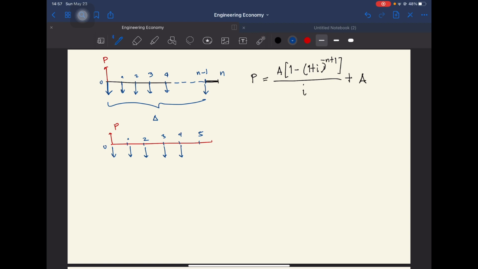Okay? Now, let's go dun sa future worth ng annuity due. Okay? Let's say 5 years ulit. Let's say N-1 na lang pala. Okay? This is year 0. This is year 1, 2, 3, 4. Then let's say dot na lang ulit. This is N-1. And this is N. Okay. So, of course, your first payment will be at 0.